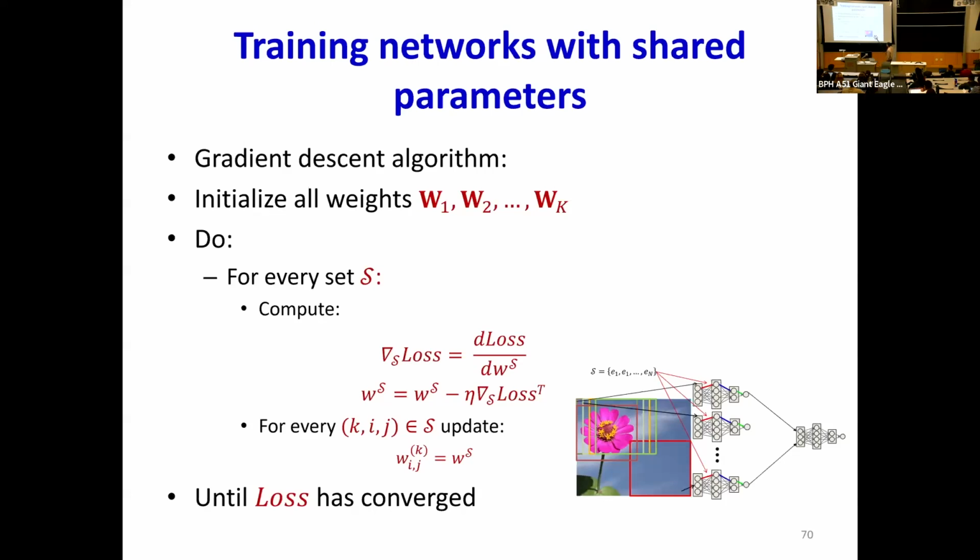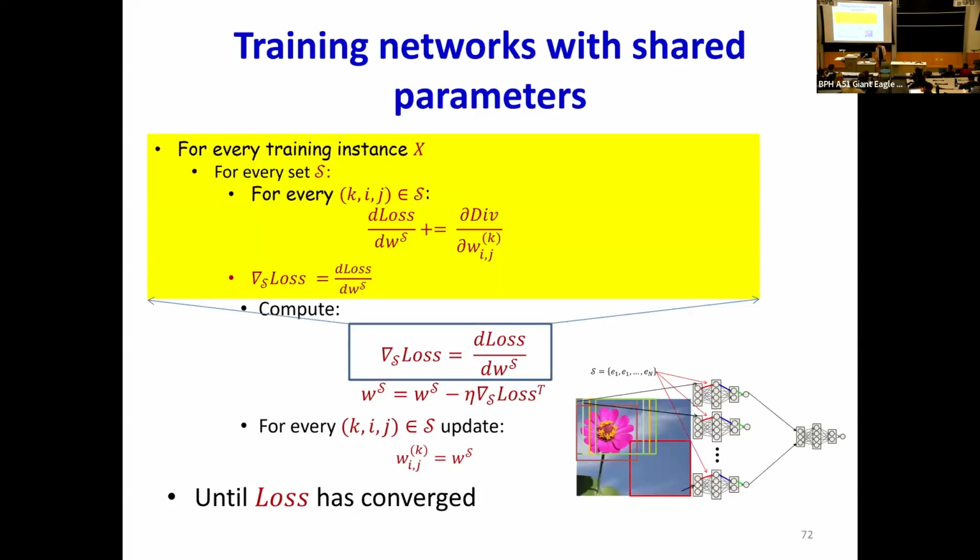Basically, I need the derivative with respect to the common shared value. And the derivative with respect to the common shared value is going to be the sum of the derivatives with respect to each of these, right? And so that term, which is the sum of the derivatives with respect to all of the terms that share that value, is what is going to be used in the gradient descent update. Everybody with me so far? Does this make sense? Yes, no? Yes.